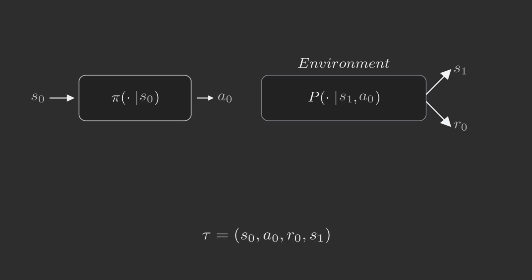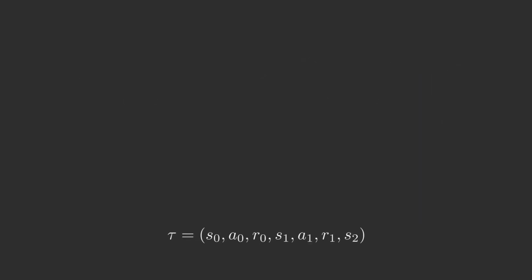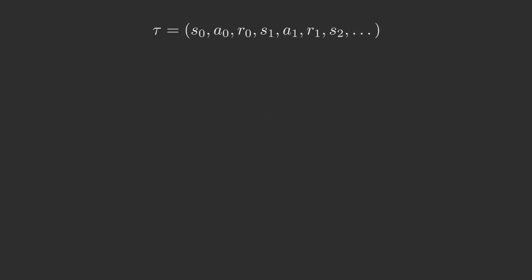The next state is then inserted into our policy again, resulting in the next action A1. We can again apply this action in our environment, transitioning to state S2 and receiving the reward R1. This is called stepping through the environment and is continued until the end of the episode. In practice, the end is defined if the task is solved or the time ran out.